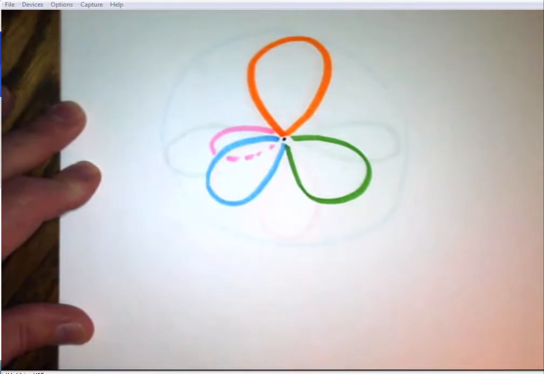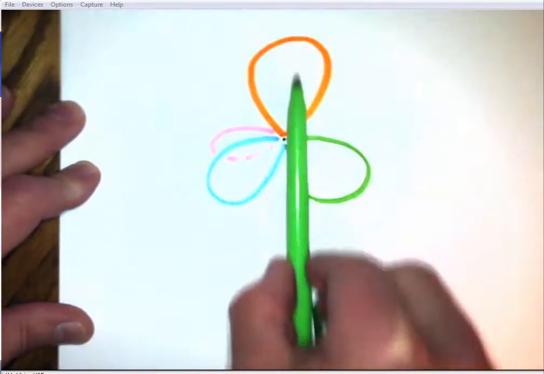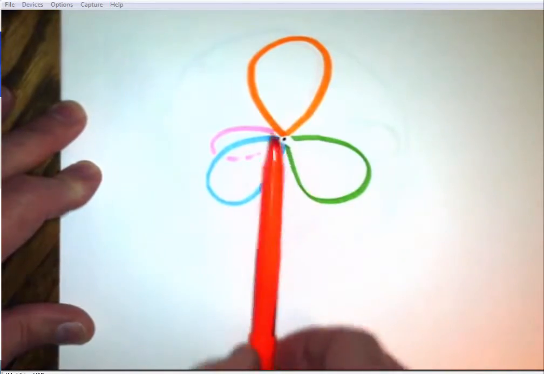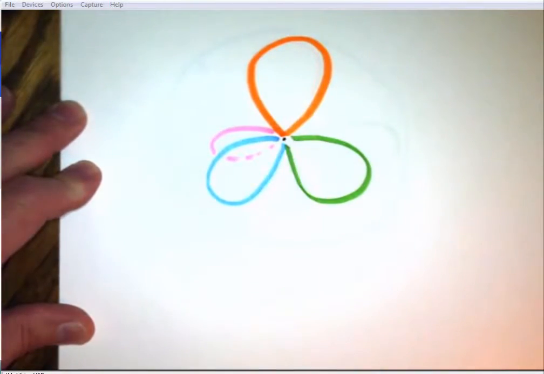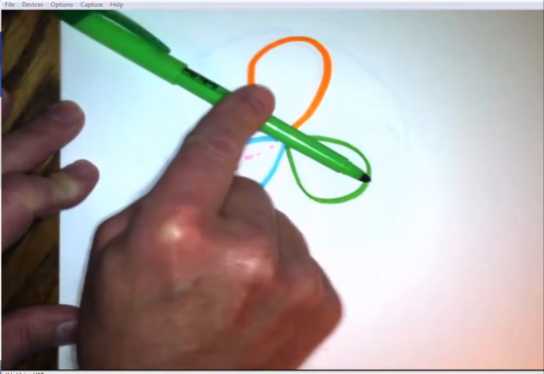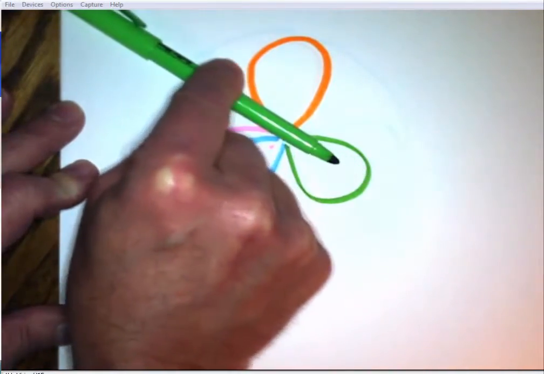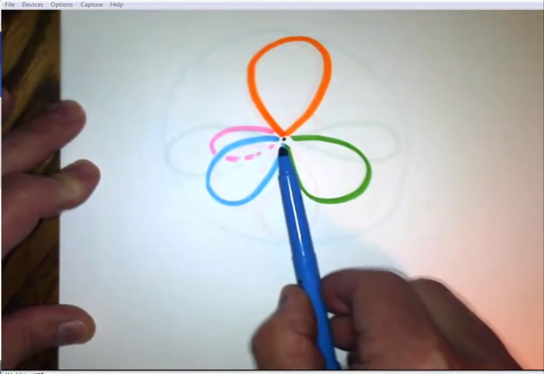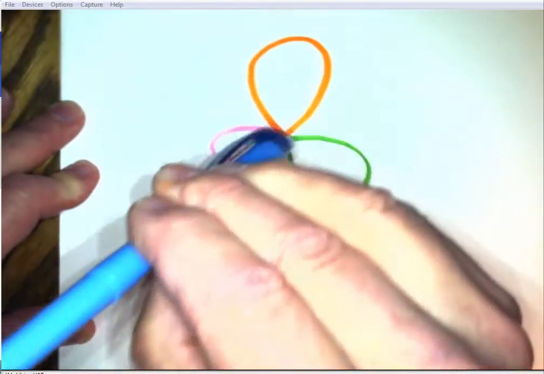So this one is straight up like this. Well, let's see, I'll use the orange one. That one goes up like that. This green one comes down slightly more than 90 degrees. That's 109.5 degrees right there, if you put a needle right through the center of it. And this blue one is 109.5 degrees from both of these. It's coming out toward you a little bit.